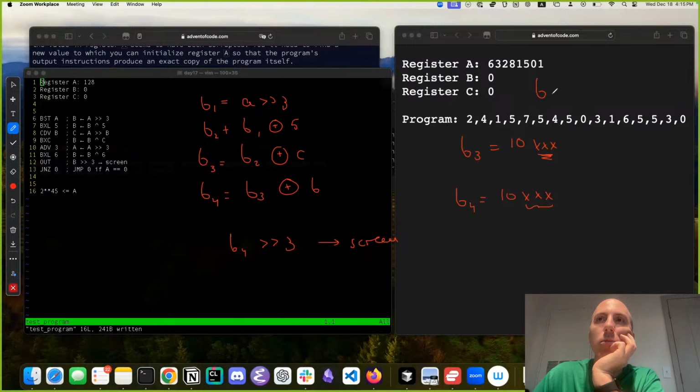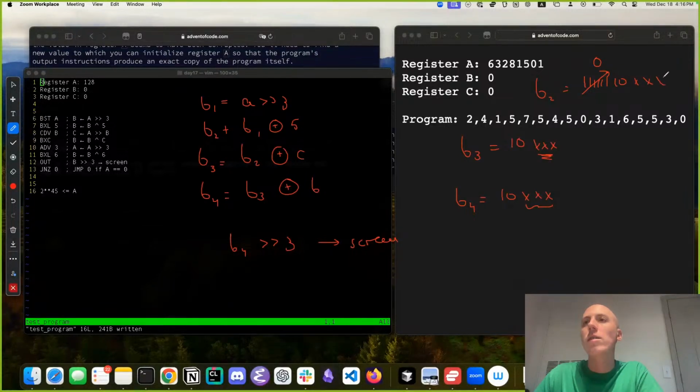And then we say B2, what does B2 have to be to give this? We're doing B2 XORing with C. Well, now it gets kind of crazy, because B could be really big, and we just zero out all these numbers by the XOR, and we have a 10 XXX, kind of like that.